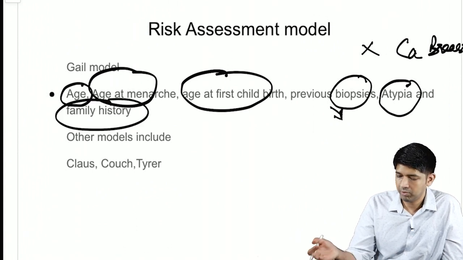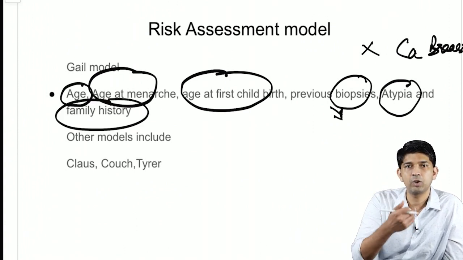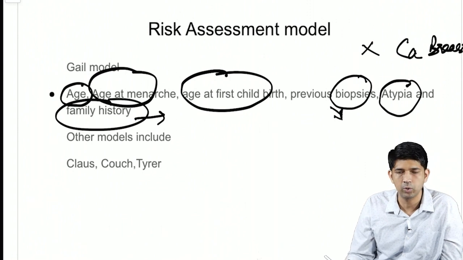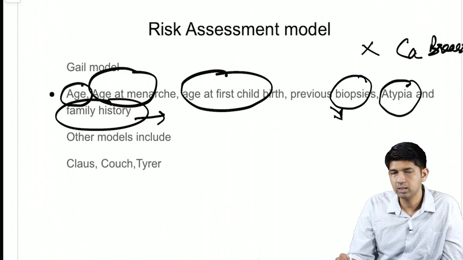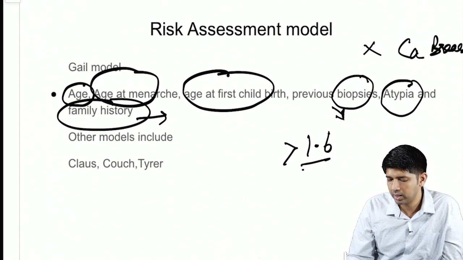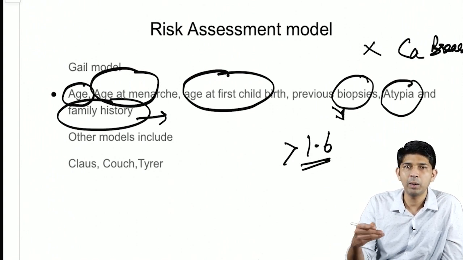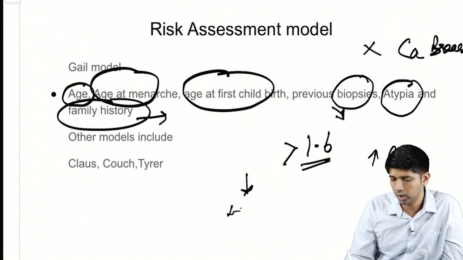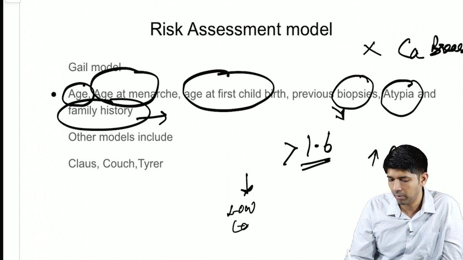As in, if the patient's mother or grandmother had CA breast, then you give one positive score for that. If they don't have, you're going to give a negative score. So you're going to run this scoring system, and there is a cutoff value of 1.6. Anything above 1.6, they have a higher risk of developing CA breast. Anything less than 1.6, they have a lower chance of developing CA breast.